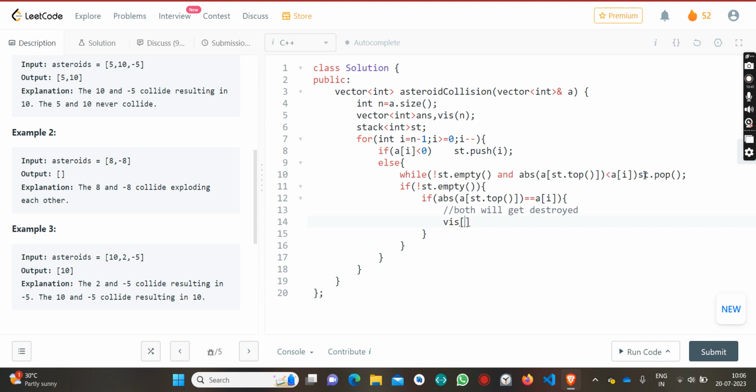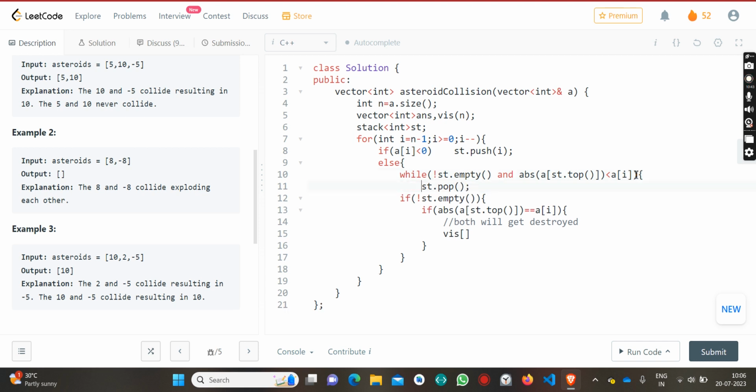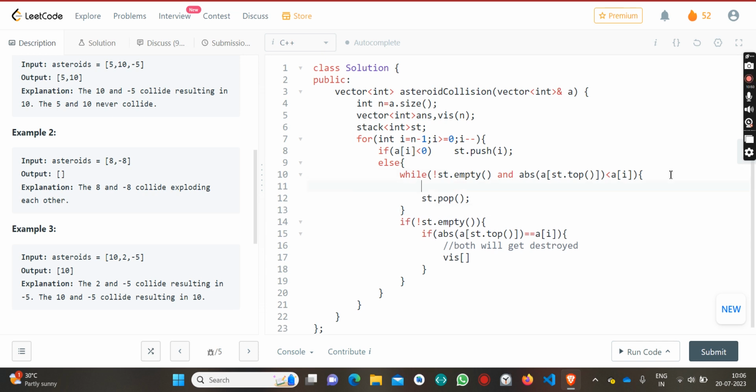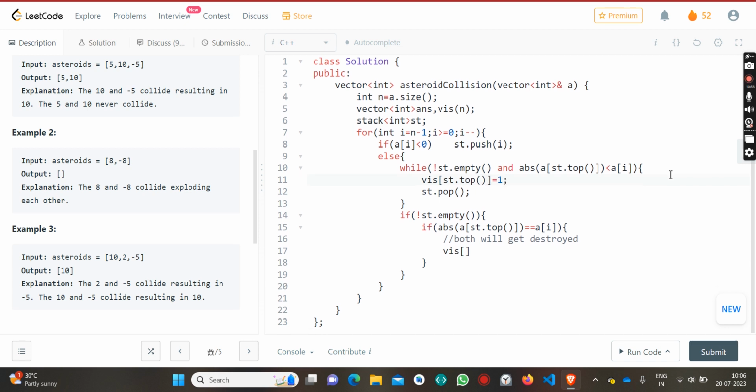One thing I forgot is to mark these indices, because since these are getting destroyed, I will have to mark this. So visited of st.top is equal to 1. Here also I will mark this index itself, it will also get destroyed. And since this will get destroyed, we will have to pop this.